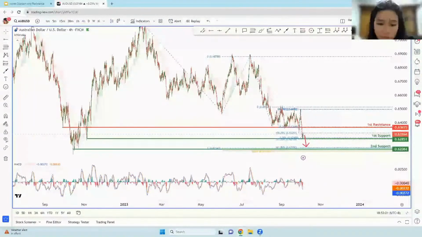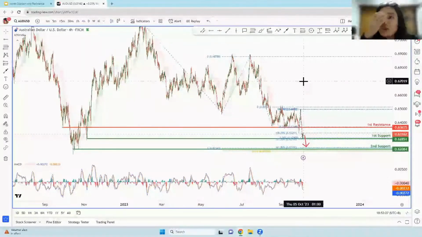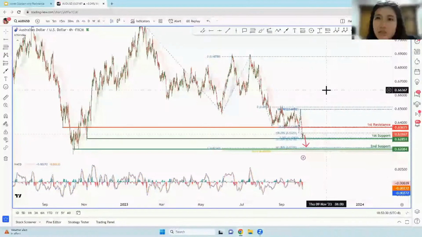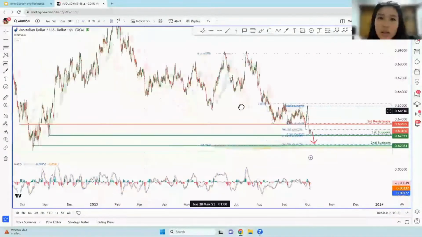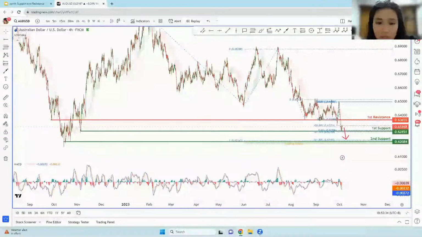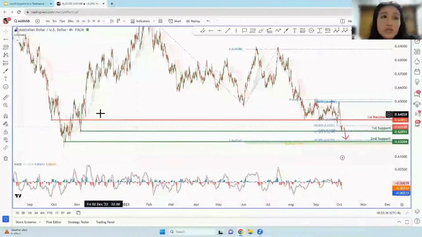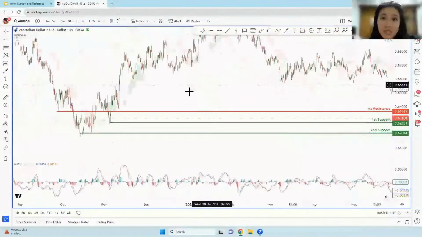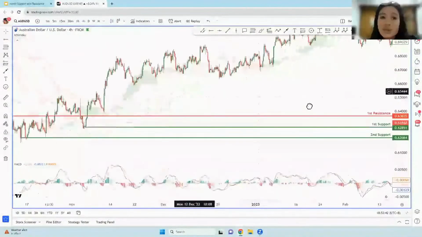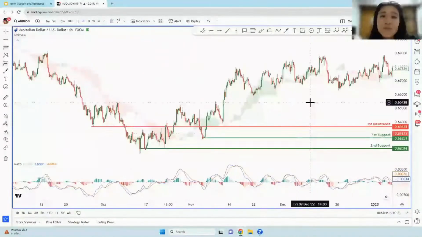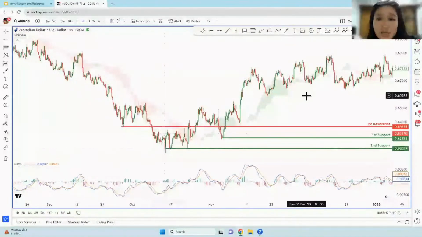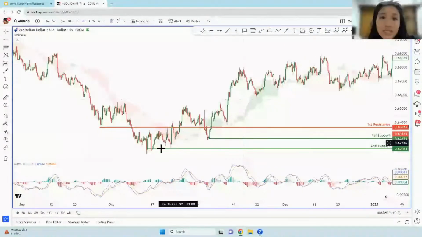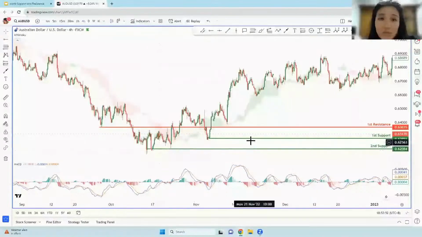You asked whether you have to include the wick in swing high and swing low when putting resistance and support. For Fibonacci, I feel like it's good practice to include it. But for resistance and support levels, it doesn't really matter because, as I mentioned earlier, they're more so areas rather than levels.